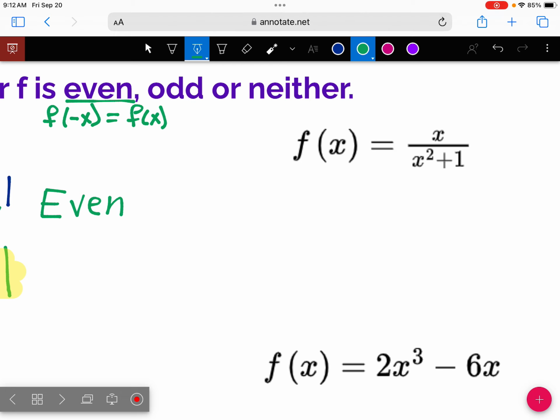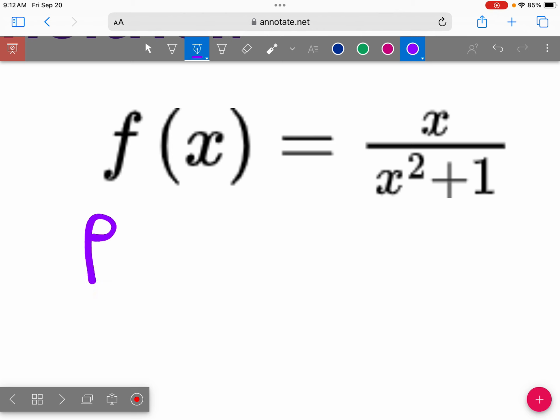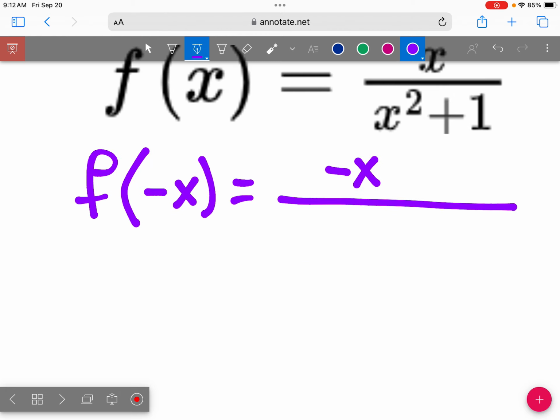So then let's do the right one. Same kind of vibe. We're going to substitute in that opposite of x. So we're going to do our f of the opposite of x. When we substitute that in, we get the opposite of x over the opposite of x squared plus 1.